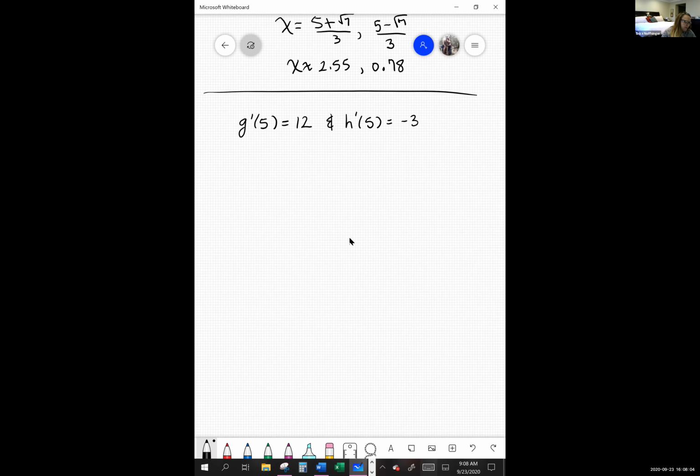Find f prime of 5 for f of x, which is equal to the following: 3 times g of x minus 2 times h of x.